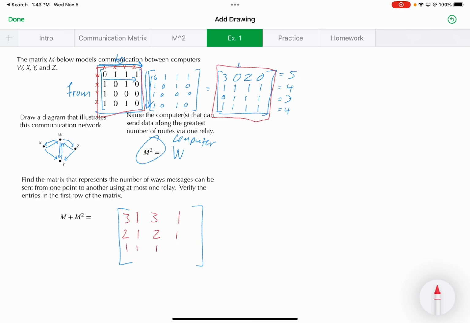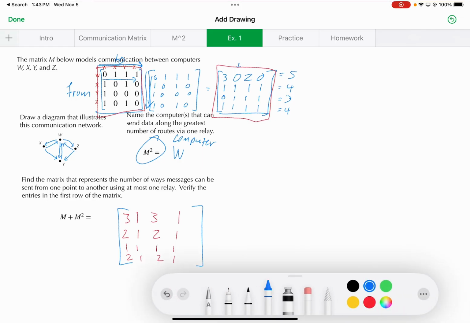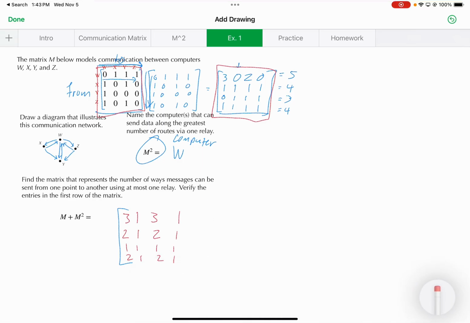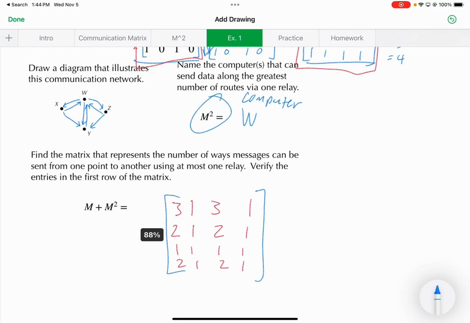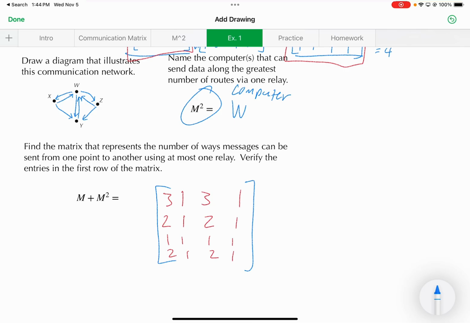All the ones. 2, 1, 2, 1. Can we be done with class now? No. No, we can't. All right. So find the matrix that represents the number of ways messages can be sent from one to another. So there we go.